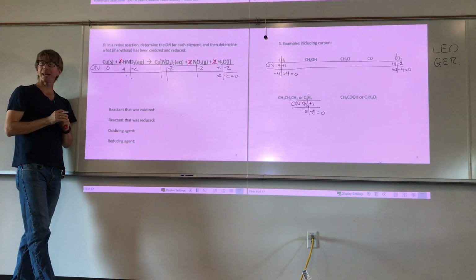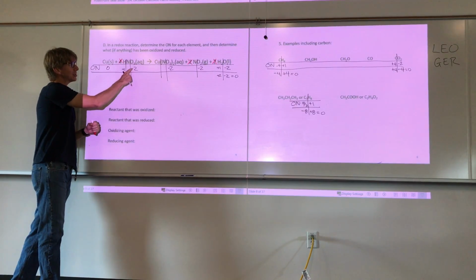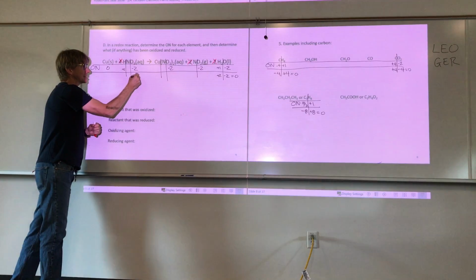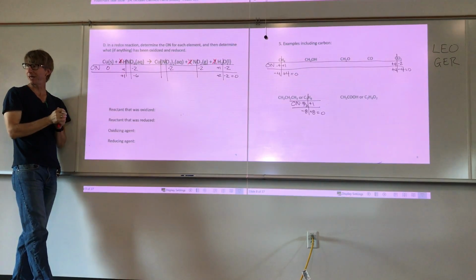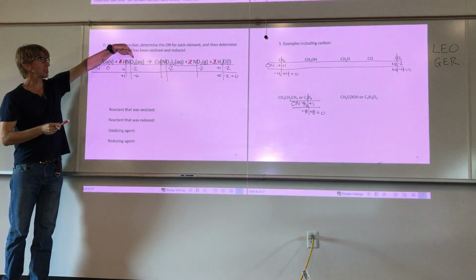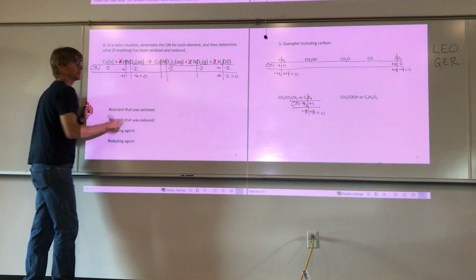Here for nitric acid, there's one element that I don't know. I do have to consider that there are 3 oxygens. 3 times -2 is -6. I like to bring down my +1 for my hydrogen. No charge, actually no charge on any of these species, so the whole thing has to add up to 0.